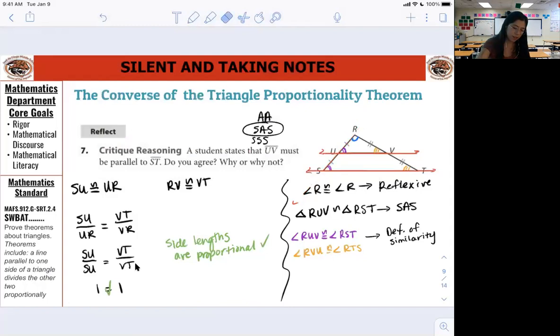RUV and RST are corresponding angles, and RVU and RTS are also corresponding angles. Because of that, I can say that UV is parallel to ST. I just used the converse of the corresponding angle theorem.